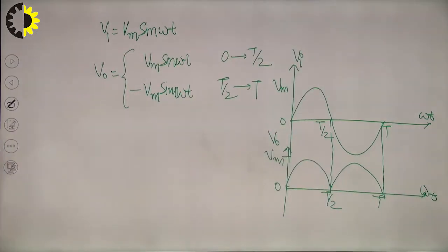Okay. So what will be the DC value, the average value?